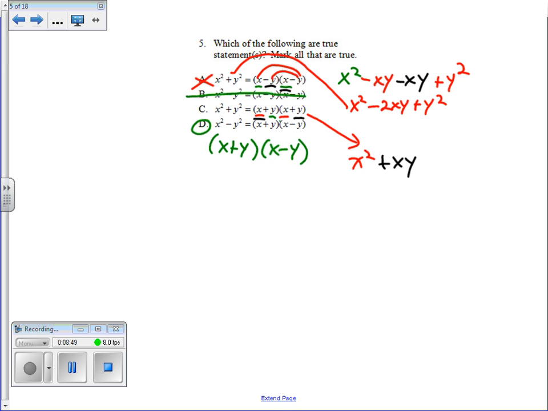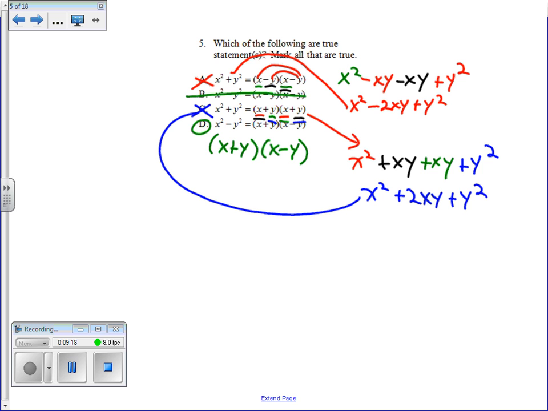Y times x gives me plus xy again. And then y times y will give me plus y squared. If I simplify this one, I get x squared plus 2xy plus y squared. Again, this does not equal what is on the left here, so that one is not the answer as well. So my answer is going to be D for number 5.